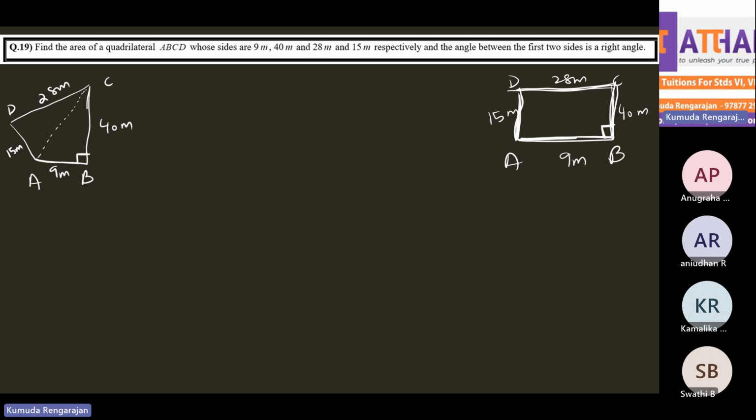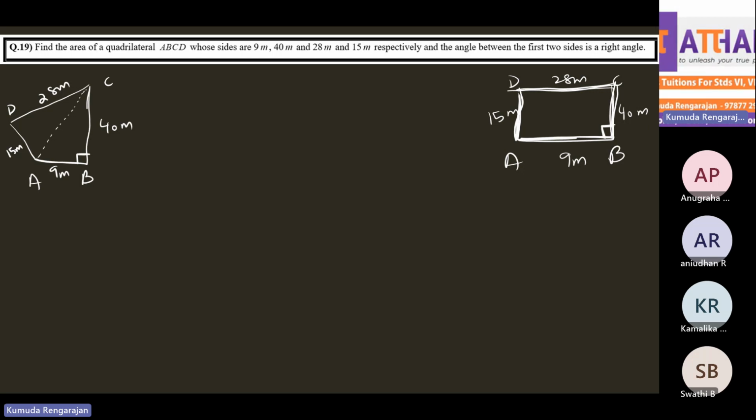No, what's your doubt? Ask me a question. Okay. We should write the area of the triangle is equal to half into AB into BC.